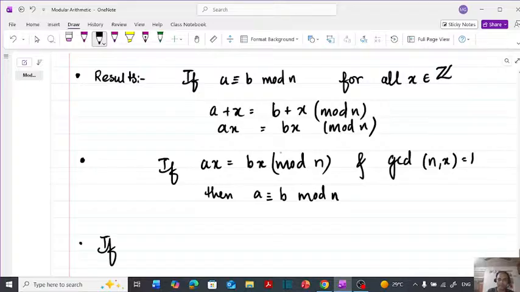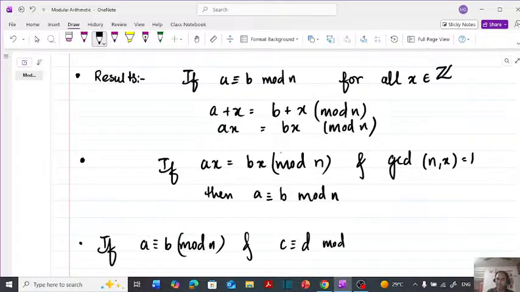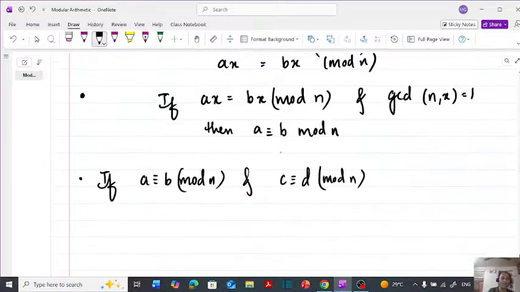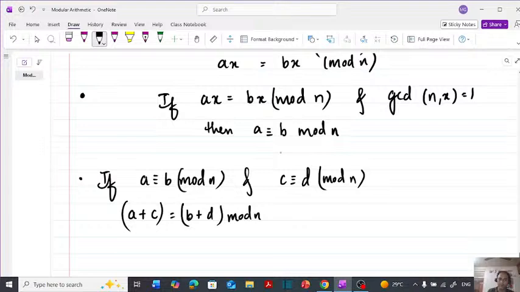Another result is again useful. If you have two congruences, A is congruent to B mod n, and C congruent to D mod n, alright, then you have A plus C is B plus D mod n, and AC is equal to BD mod n.